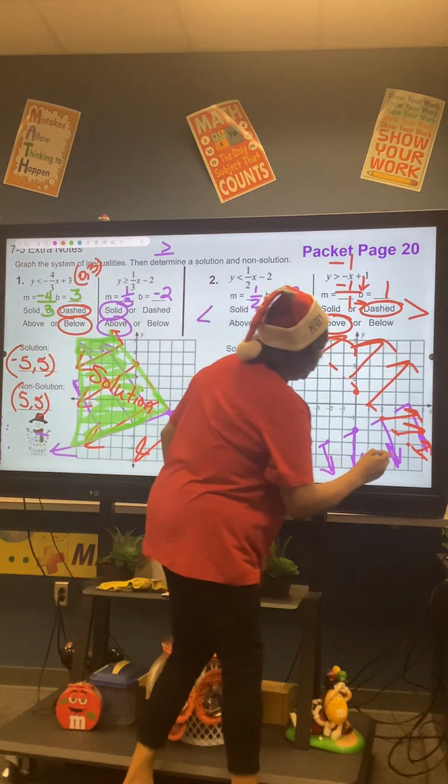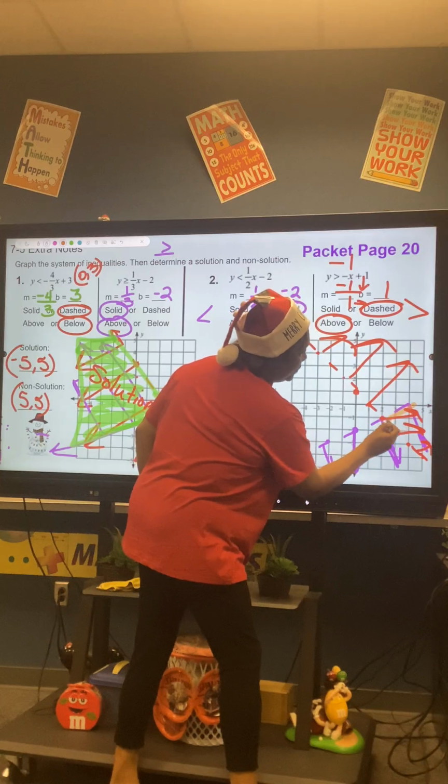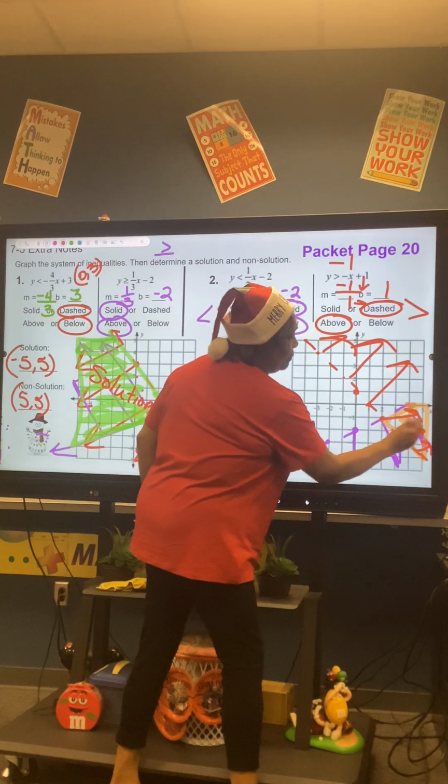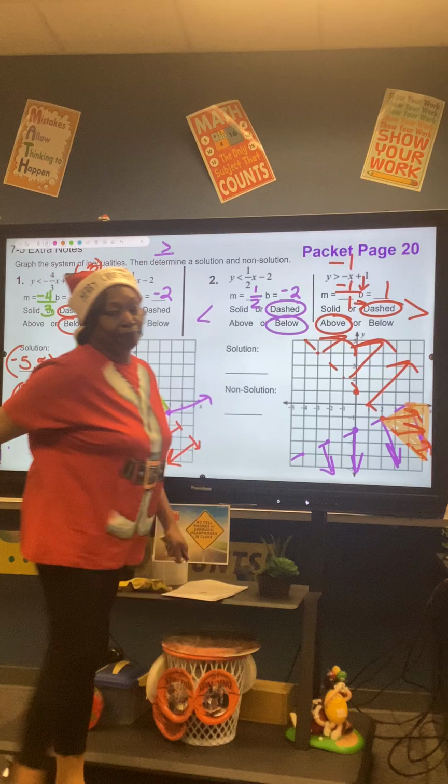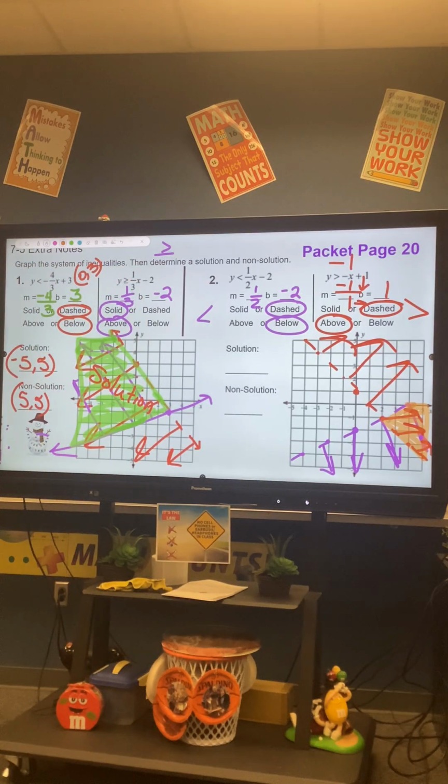Now, I probably won't give you such a small area on the test, but hey. The purple and the red only intersect in a double shaded region in that small part of the graph. Make sense?